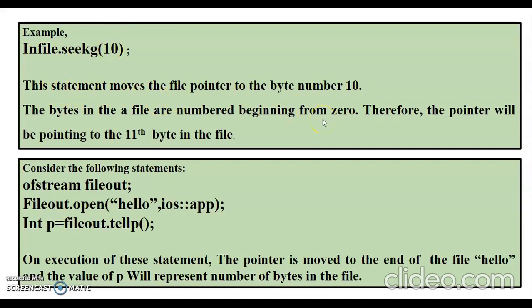So for example, you took a binary file and your data in the file is stored in the form of bits. This statement will move the file pointer to byte number 10. The bytes of the file are numbered from 0, so it means this function will move the pointer to the 11th byte.